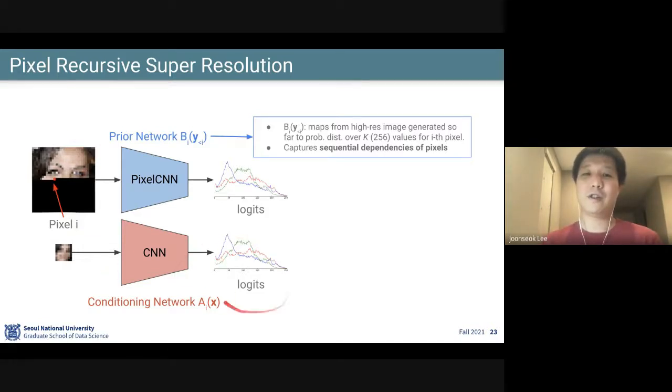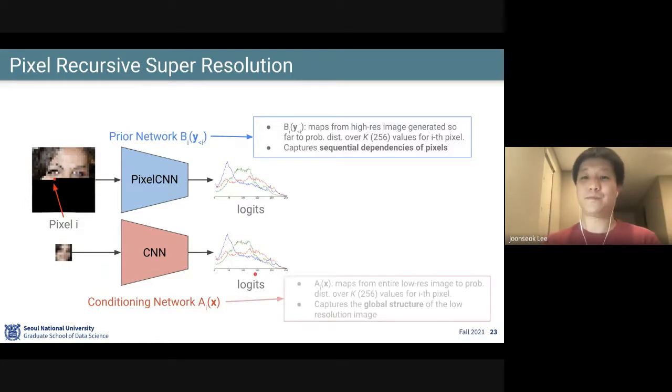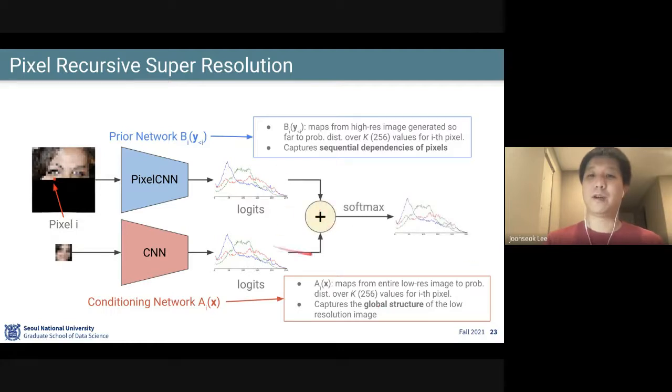So this conditioning network also outputs the same thing, the logit values for each of these color distributions, by mapping the entire low resolution image to this particular pixel's distribution. And this one captures the global structure of the low resolution input image. They sum both of them and then take the softmax to finalize the score distribution for the RGB.